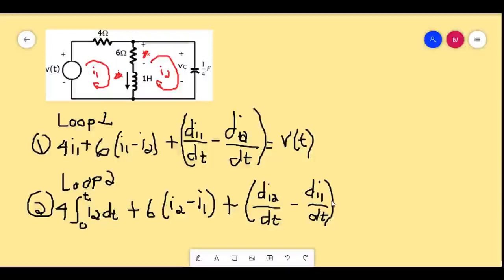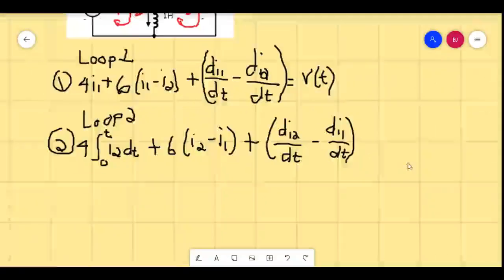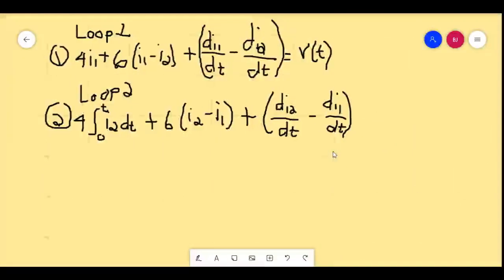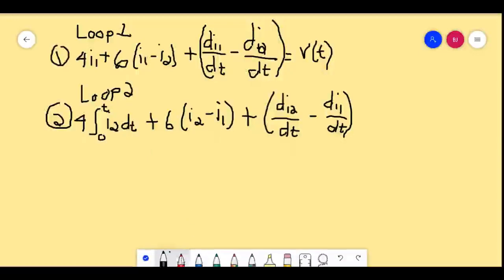But the second loop has an integration. So we'll be doing the second step on loop 2. So this is already going to be used as is. And we'll be doing the integration on the second loop here.